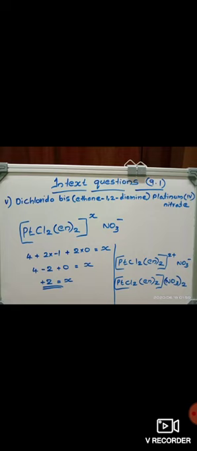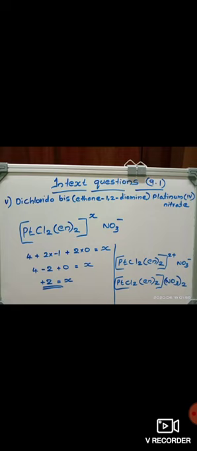Dichloridobis(ethane-1,2-diamine)platinum(IV) nitrate. So platinum Pt, then the ligands: dichlorido Cl2, bis means 2 times ethane-1,2-diamine en, en twice, X times.